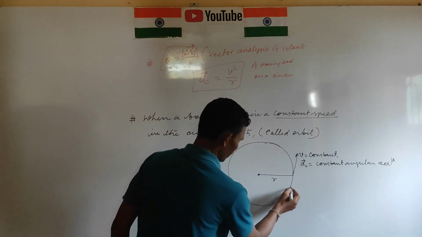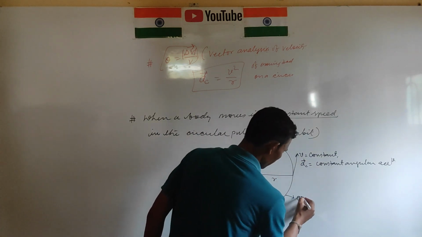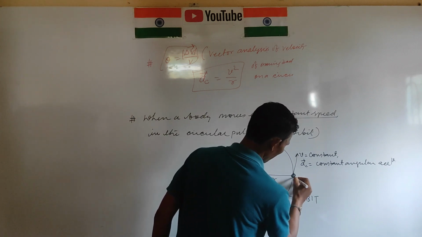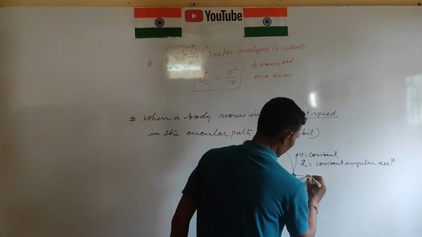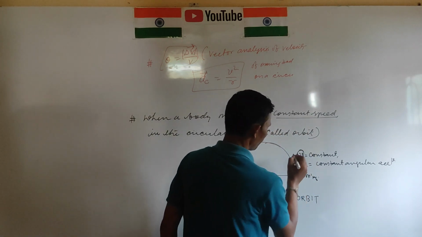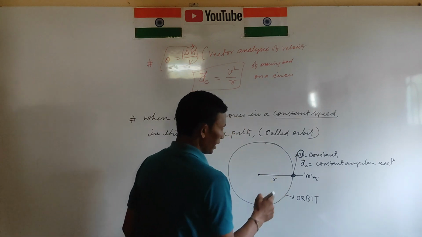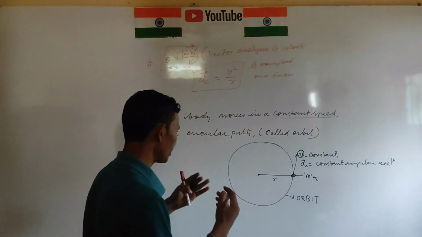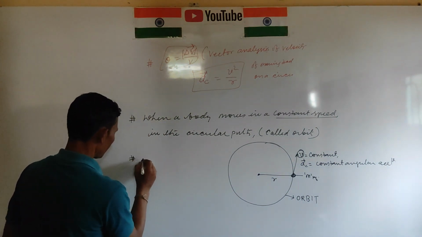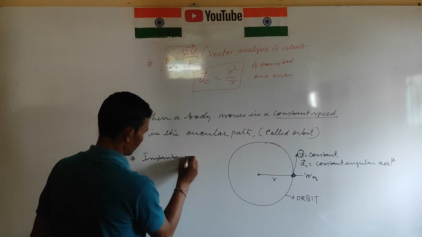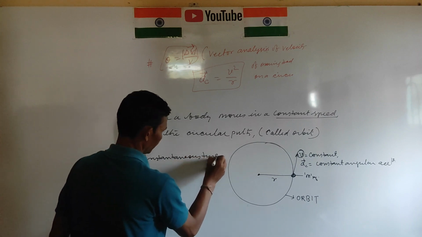This is the fixed orbit, this is called the orbit, this is a body of mass m kg, and this is the speed at an instantaneous time. We are taking any instantaneous time.